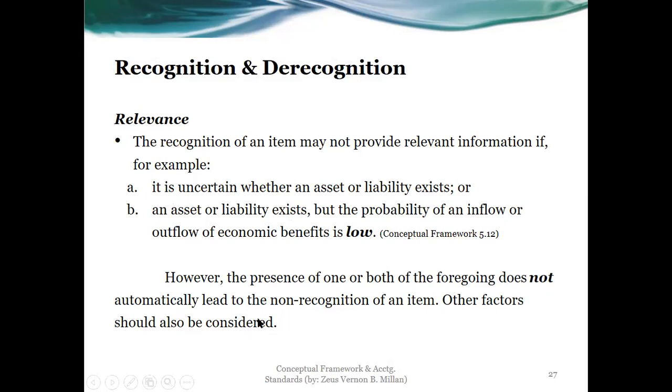That's the point of this part here. You can also notice this is an "or", meaning any of the two would exist or both would have a question of recognition, but we should not be automatic in the judgment. So other factors should also be considered.